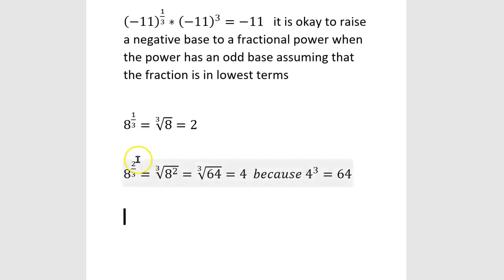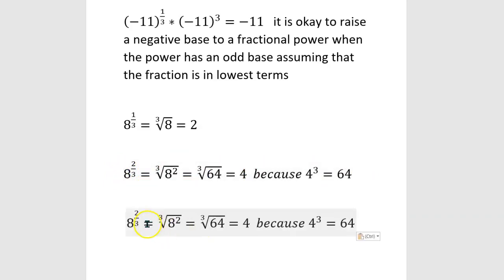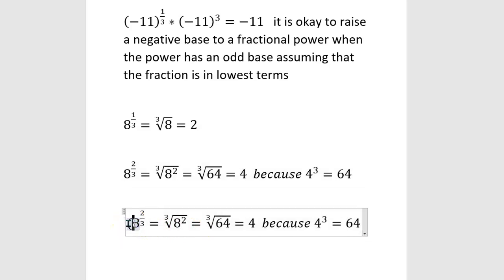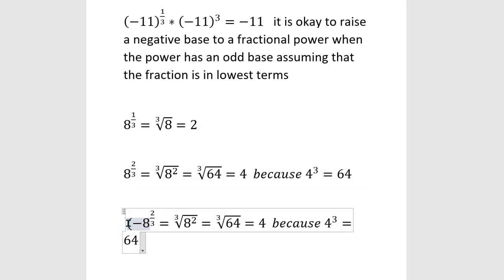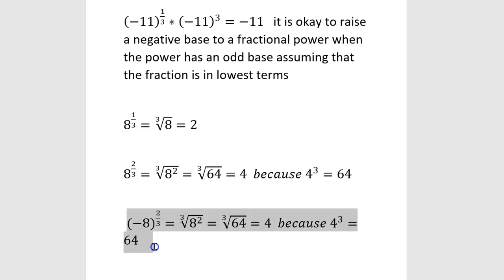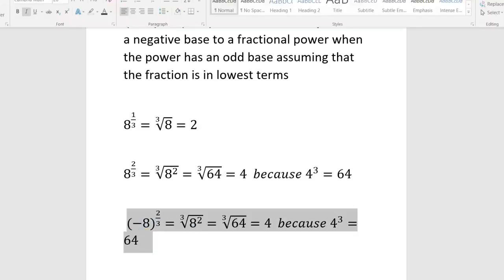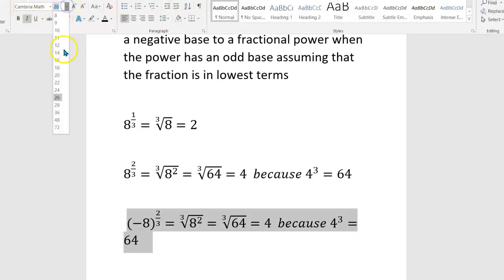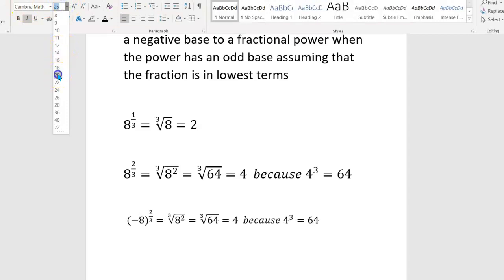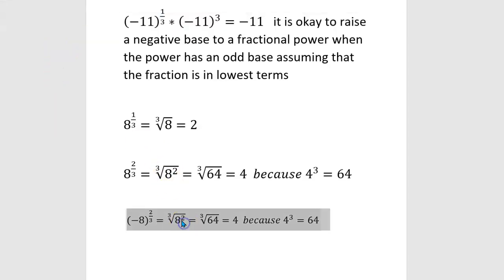Now let's do the analogous thing with -8, which I should do because students can't handle negative signs sometimes. You have to use the parentheses, and I'll have to unfortunately make my font smaller. So I'll make this -8.